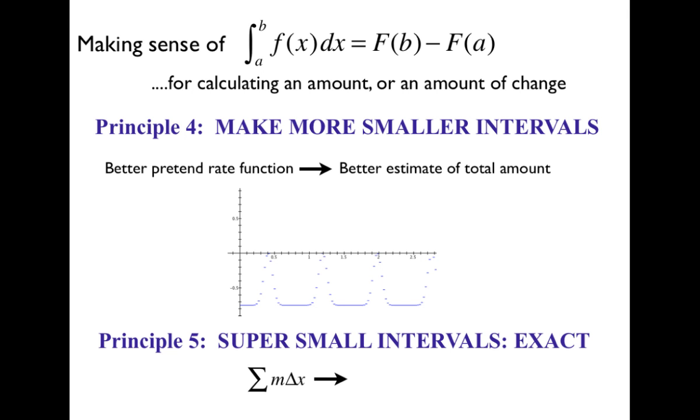So this calculation, when we're summing up all those little changes to get the total change, when intervals get small enough, we have a different way of representing this. How do we represent this now with super small intervals? It's the same thing. We're still summing up a bunch of changes that we calculate by constant rate of change, but the intervals are super small.